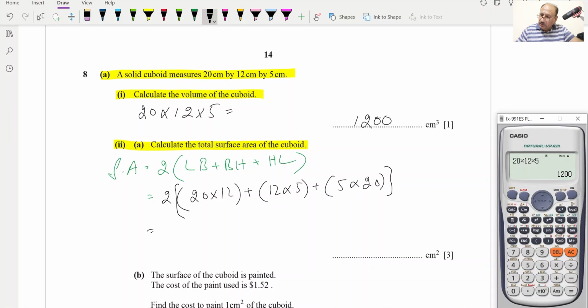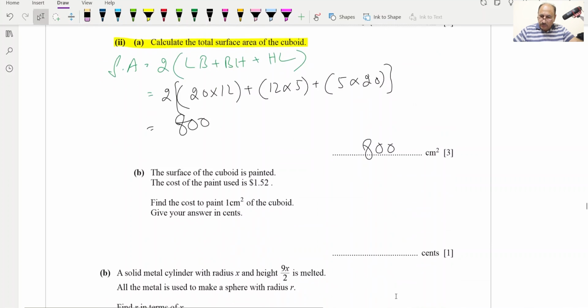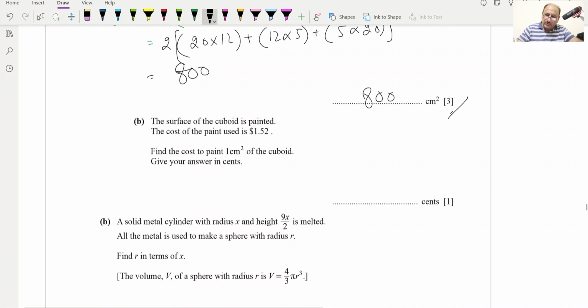Now we can calculate directly: 2 and put brackets, another bracket, 20 into 12, bracket close, plus bracket, this will be 12 into 5, bracket close, and plus bracket 5 into 20, both brackets closed, and this will be equal to 800, and this will be 800 centimeters square. Hopefully it's clear. 3-mark question.